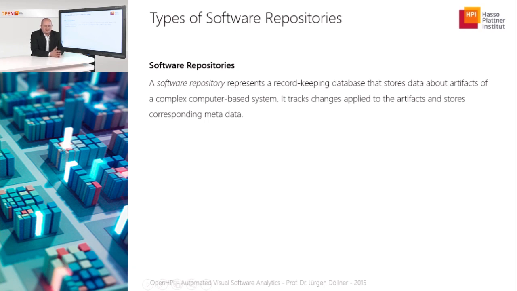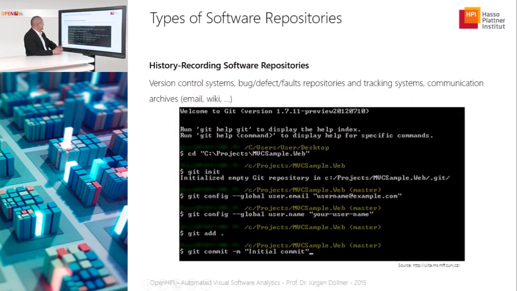that data. There are different types of software repositories, and one type most of you are familiar with is a history recording software repository. For example, version control systems or bug defect repositories or tracking systems. Even communication archives such as email or wikis belong to this category of software repository.